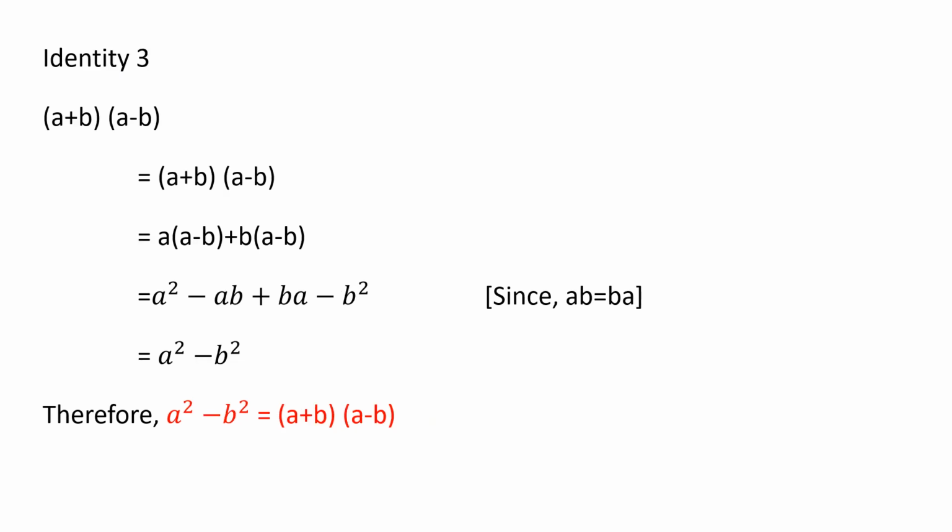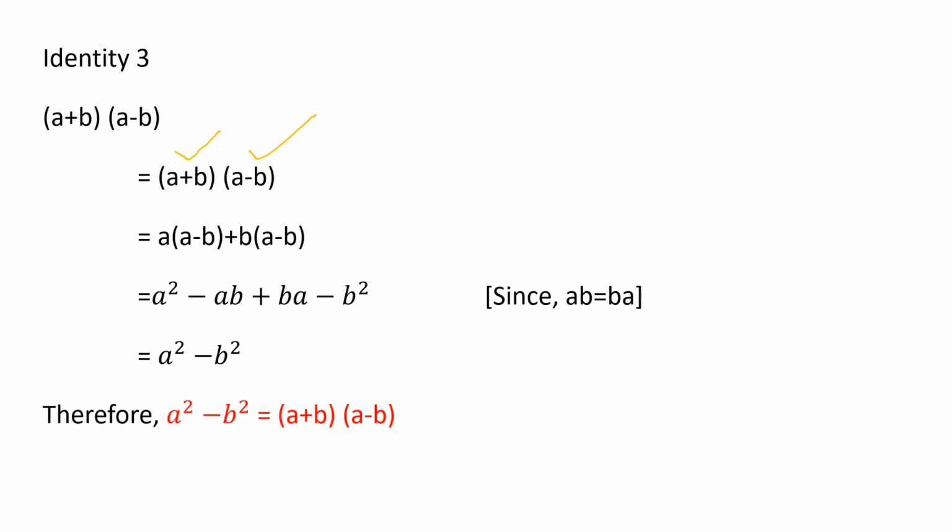So this is the second identity. And the third one, a square minus b square. If you multiply a plus b and a minus b, you get the answer a square minus b square. So a into a is a square, a into minus b is minus ab, plus b into a is plus ba, and plus into minus b square.